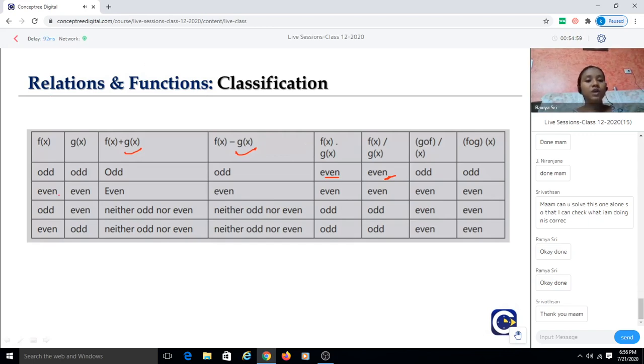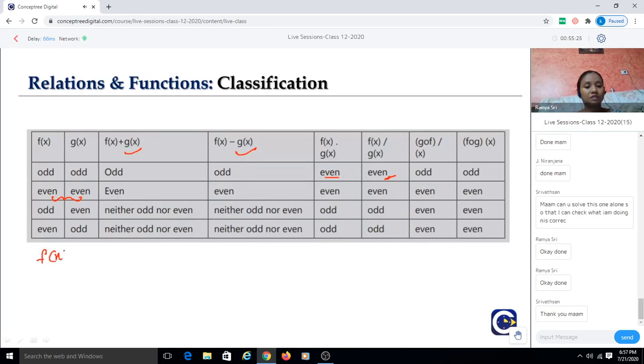So let's check what happens when we are having two even functions. So with two even functions, if we add or subtract, multiply and divide and write composites, if we do any of these with two even functions, the result will always be an even function. So let's check with an example.